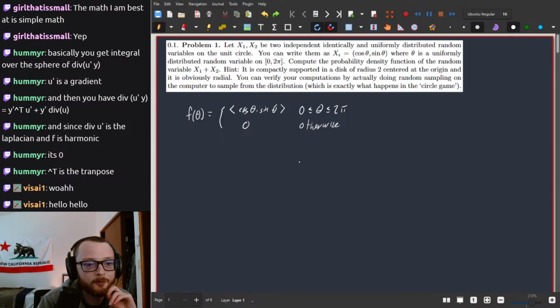I'll be able to make some progress in this problem, but now I feel like I'm even more lost than before.